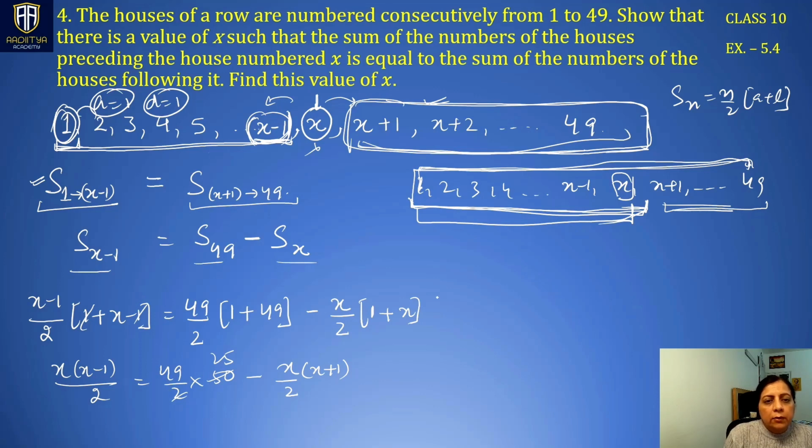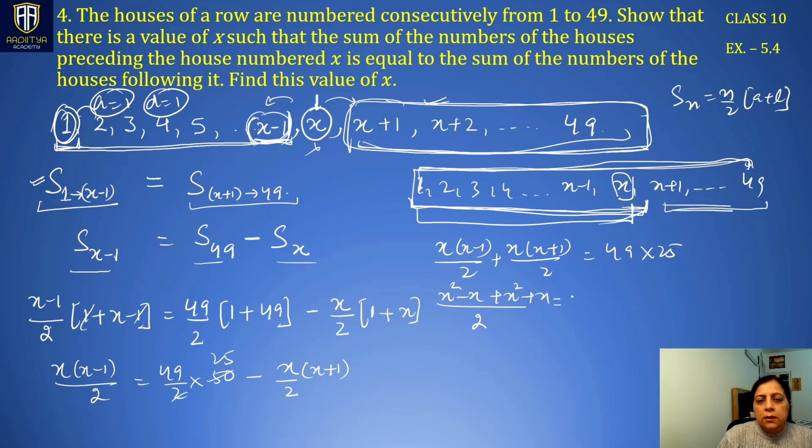So now we have x into x minus 1 by 2 plus x into x plus 1 by 2 is equal to 49 multiplied by 25. So this is x square minus x plus x square plus x is equal to 49 times 25. 5 nines are 45, 4. This is 24.